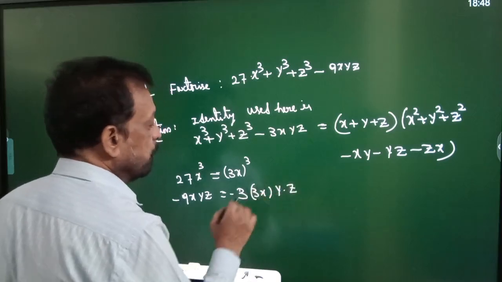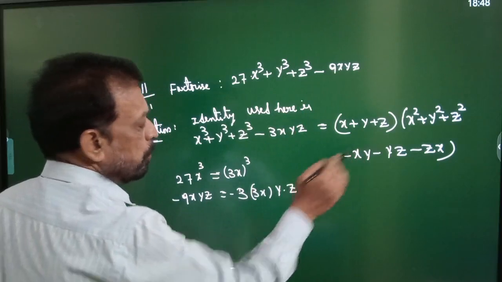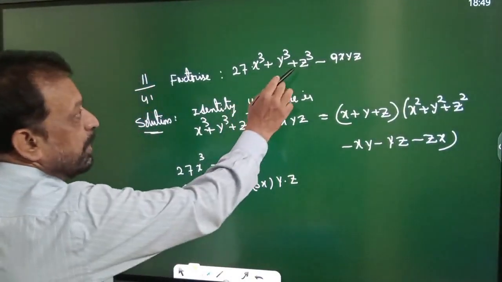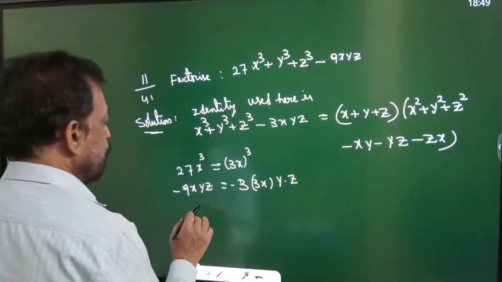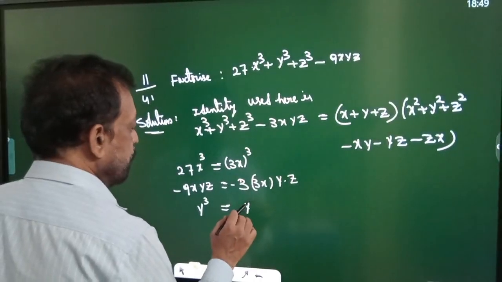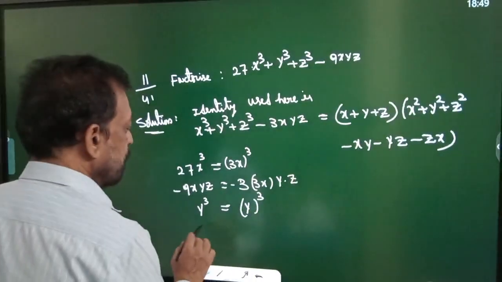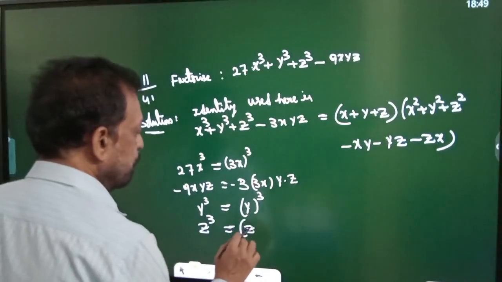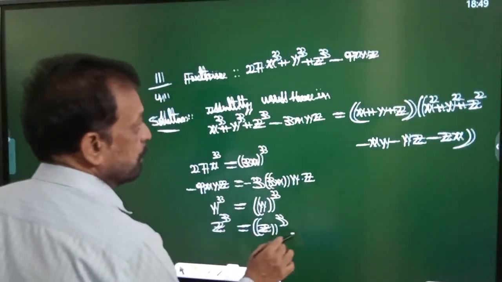So that gives you minus 3xyz. Substitute it. y cube is nothing but y cube, z cube is nothing but z cube. Now make it factorize.